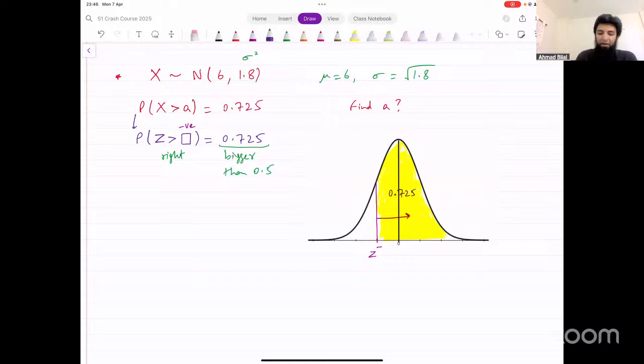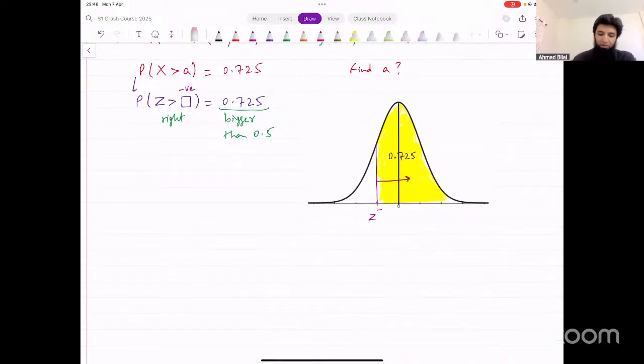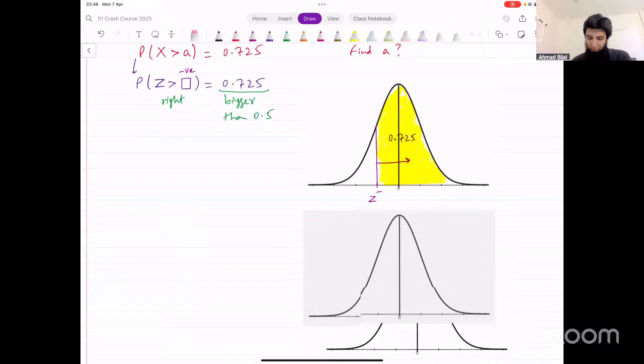We know that the area to the right side of this negative value is 0.725. Let's take a number, for instance. So let's say the z value was minus 1.5. We are saying to the right of this value, we have 0.725 area. Then what would be the area to the left of 1.5? If we had plus 1.5, what would be the area to the left of that? If we flip this, that will be the same area, right? So let me show you another curve here. We can flip it like this.